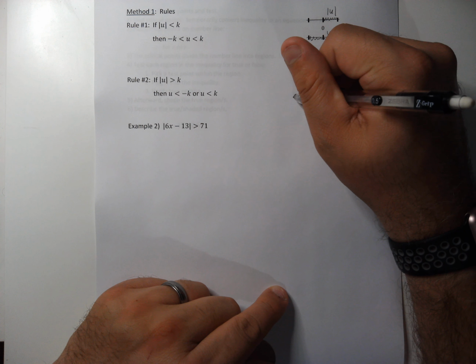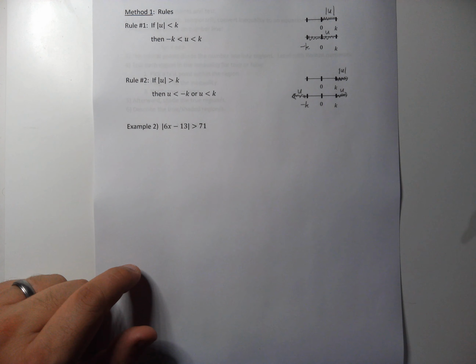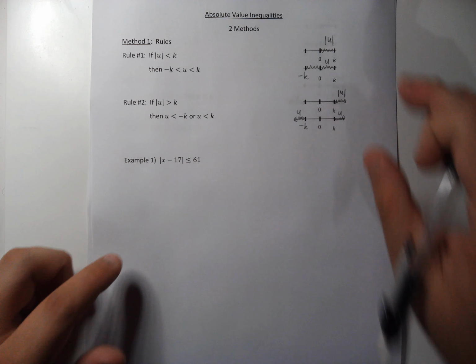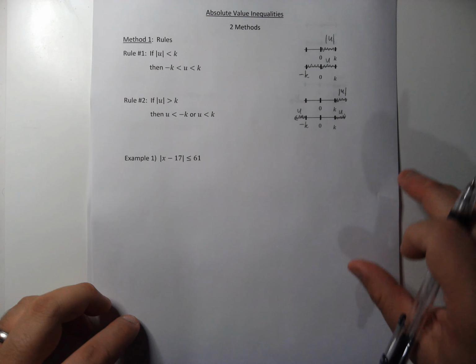Okay, so let's use this method to solve these two examples. If the absolute value of x minus 17 is less than or equal to 61, then this is one of those in-betweeners.